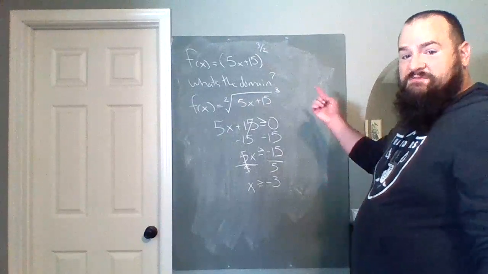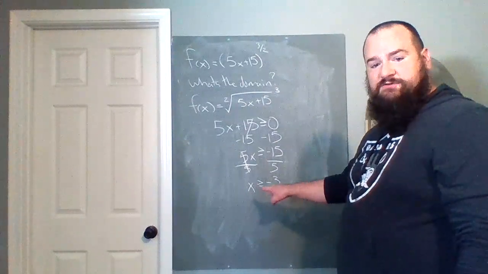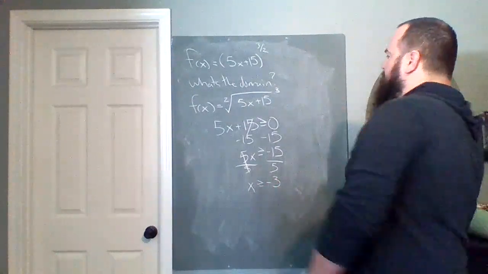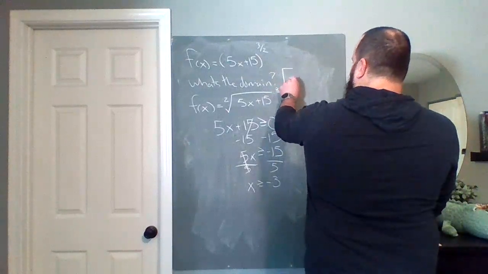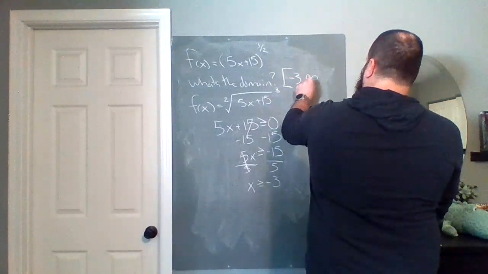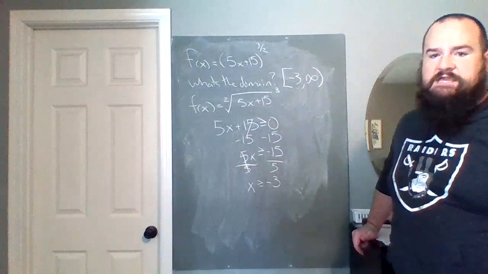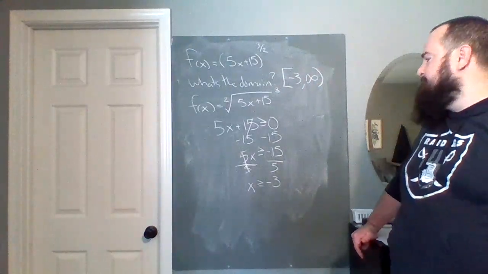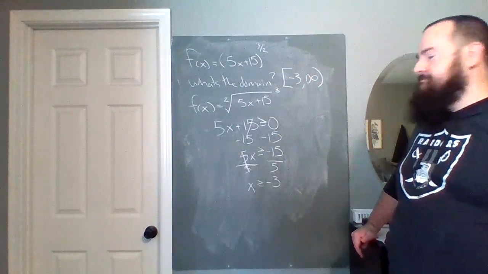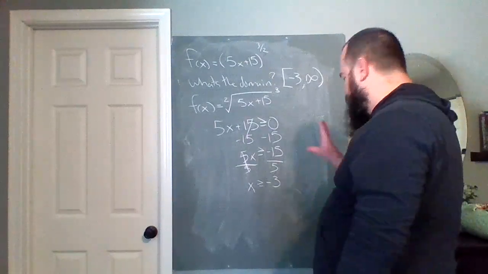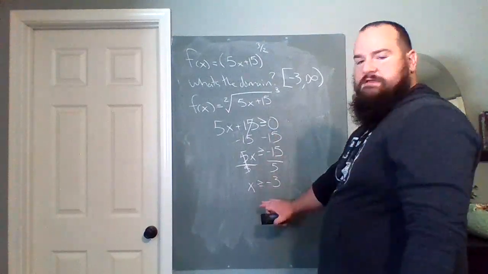So what that tells me is my domain is all of the x values that are greater than or equal to negative 3. So my domain is negative 3 to infinity. That's it. Pretty easy. Now, there's actually kind of a cool trick. So, got that. Make sure you write that down.